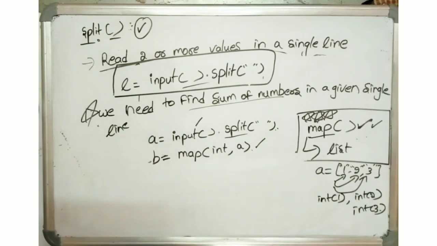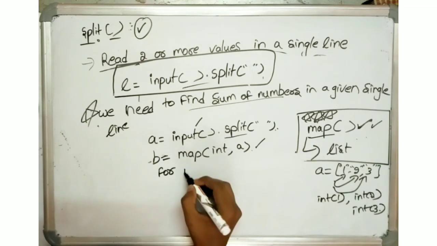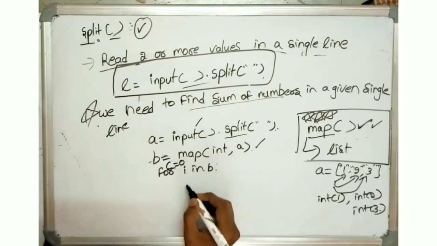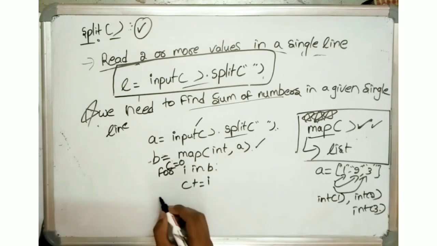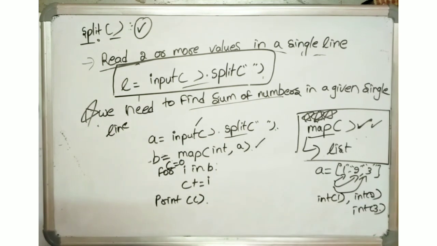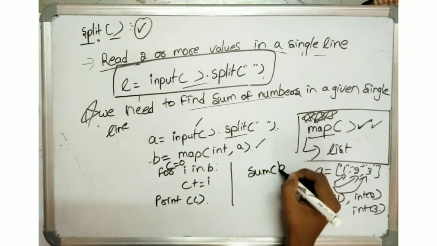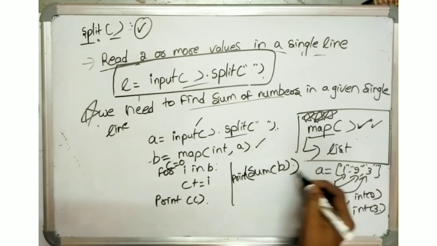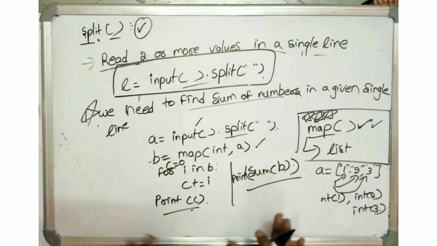If you don't want to use built-in functions, just simple like for i in b, c equal to 0, c plus equal to i, print of c. Or just print of sum of b. We can use any of these two methods for printing the sum.